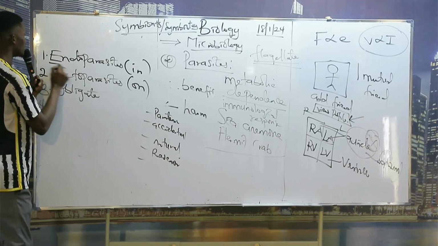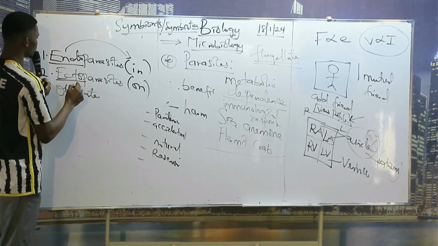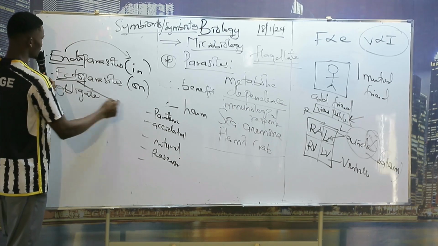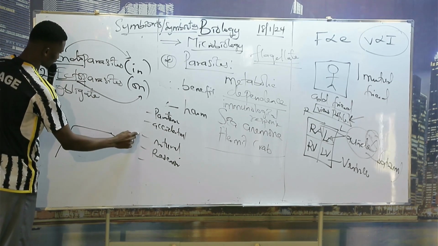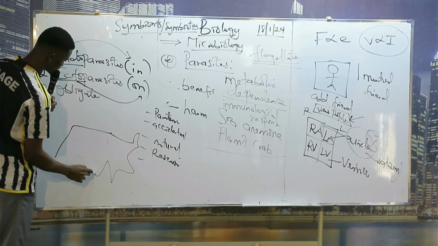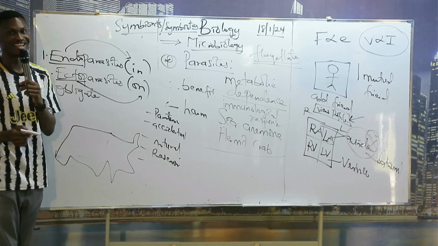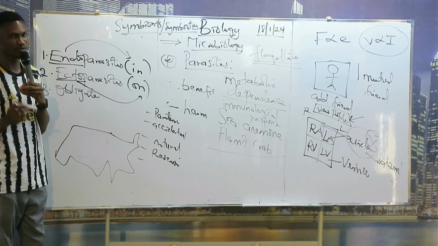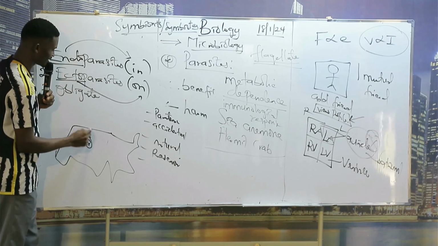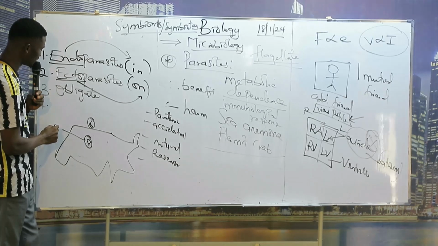As we all know, once you hear the word endo, we are talking about inside, while ecto is usually outside. If we have an organism, let's assume this is your cow, and we have 2 parasites, A and B. The A, is it staying inside?